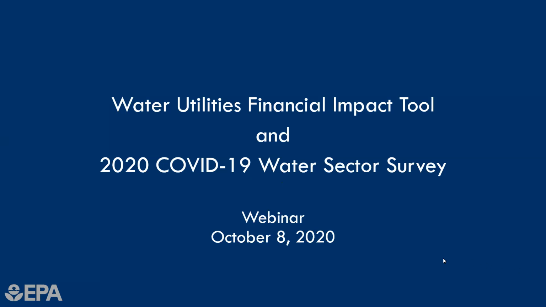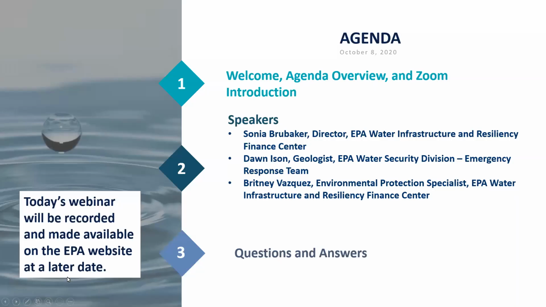On our next slide, we're going to give some information about today's presentation. I'll start off with some background, then Dawn Eisen from the Water Security Division is going to discuss the survey, and Brittany Vasquez from the Water Finance Center will discuss and provide a demonstration of the tool.